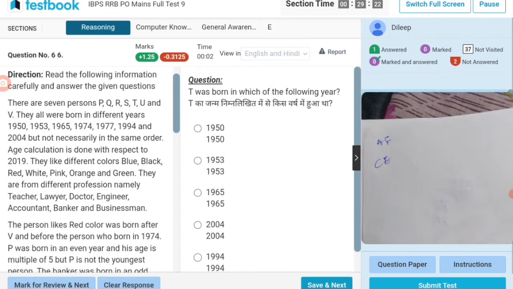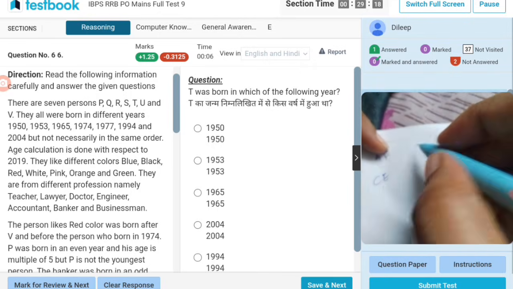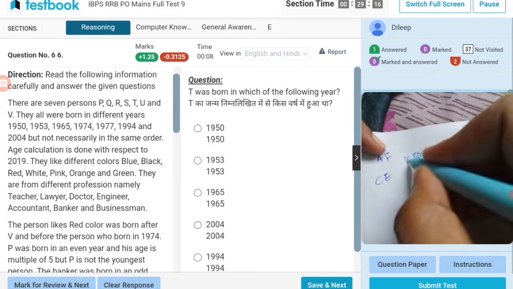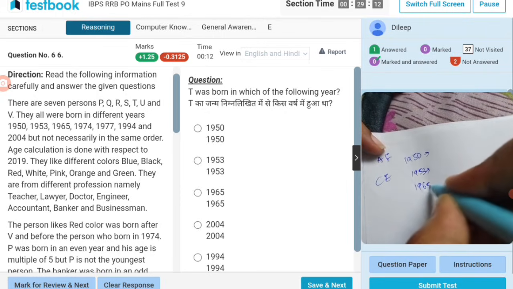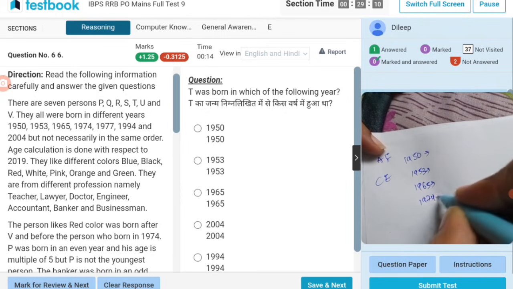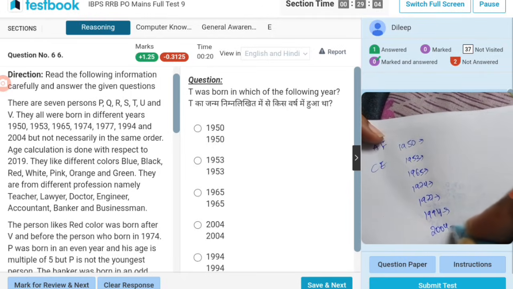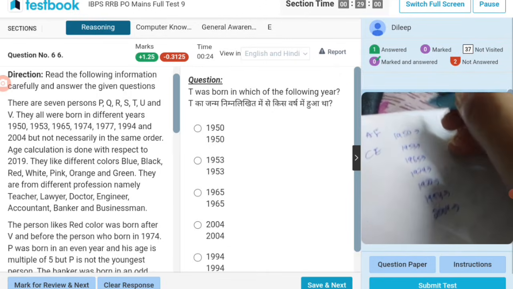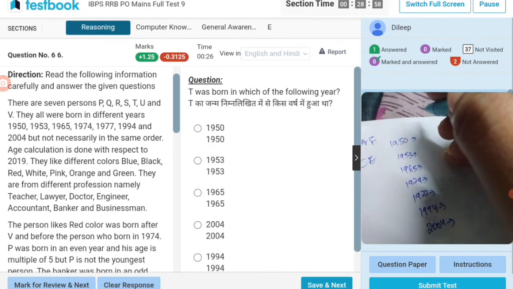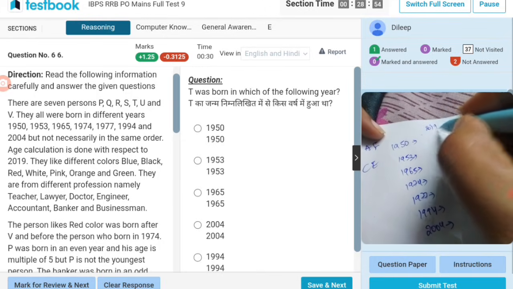Next. There are 7 persons born in 1950, 1953, 1965, 1974, 1977, 1984 and 2004. So overall, calculate the ages of the 7 persons based on 2019.